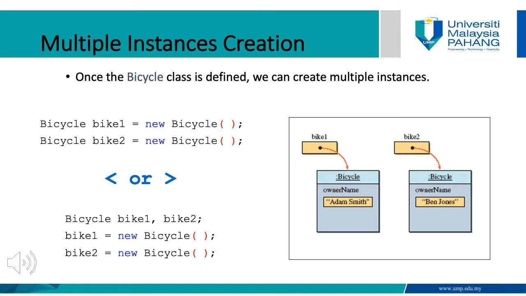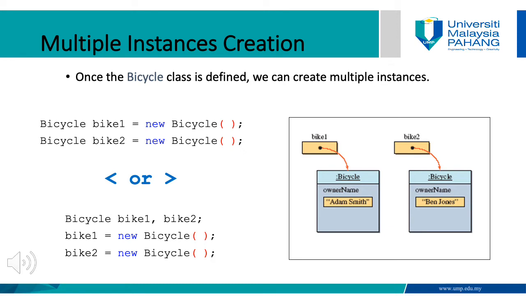So in order to create multiple instances, we have to make sure this class is correctly defined. For example, the bicycle class.